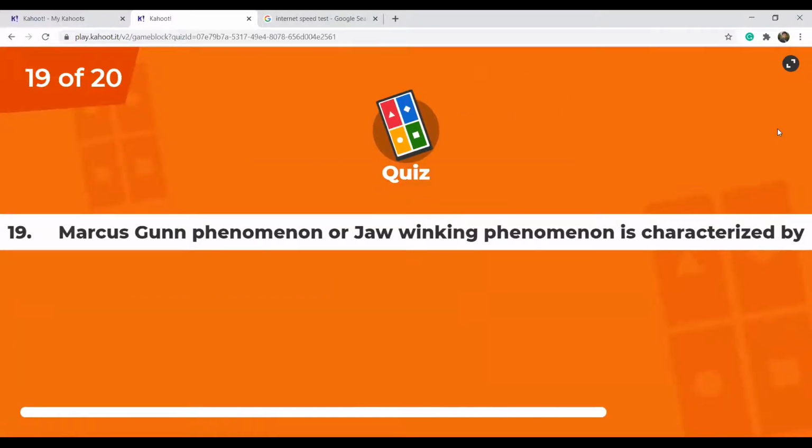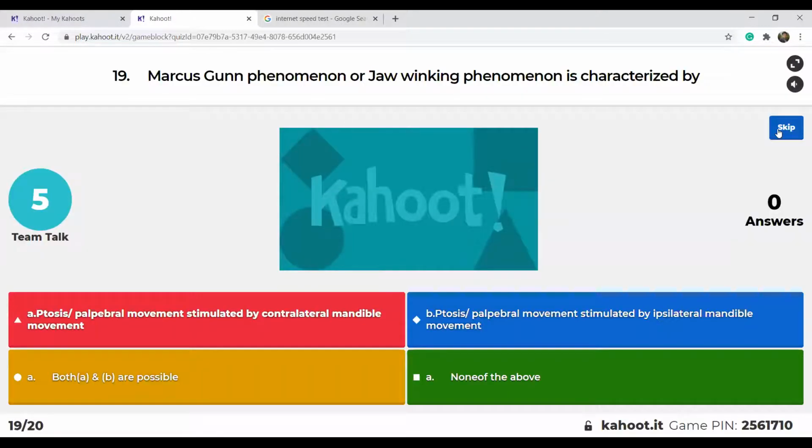Marcus-Gunn phenomenon or jaw winking phenomenon is a congenital or acquired deformity characterized by ptosis or palpebral movement stimulated by contralateral mandibular movement; the second one is by ipsilateral mandibular movement; both A and B are possible, or none of the above? Which one do you think Marcus-Gunn phenomenon is?